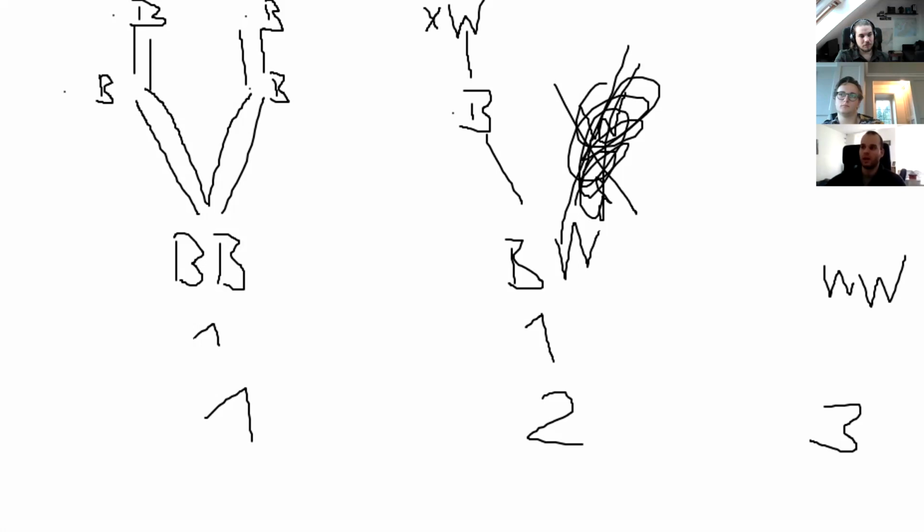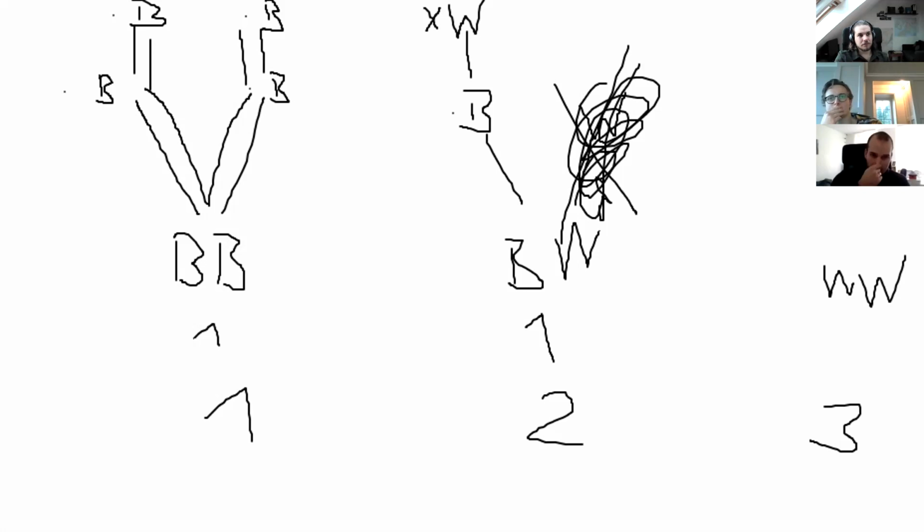So you have 2 ways to produce a black card divided by 2 ways to produce a black card plus 2 ways to produce a black-white card and 0 ways to produce a white card.